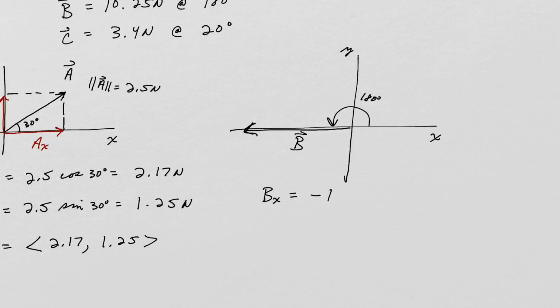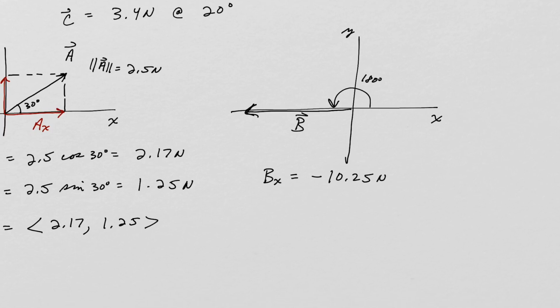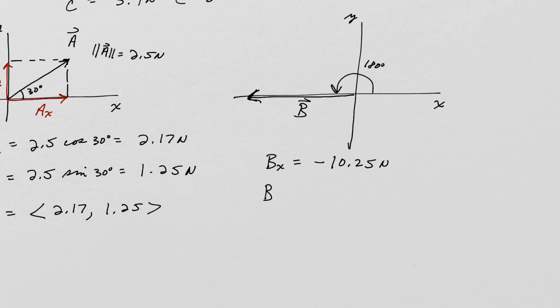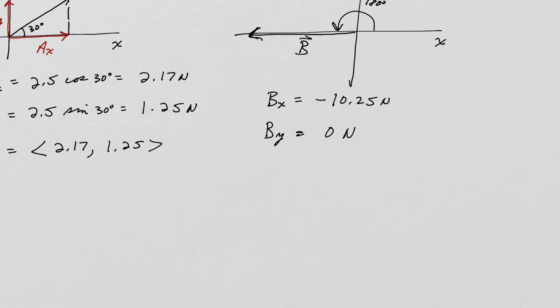So it's negative 10.25 newtons. And then what is the Y component? How much of that vector is in the Y direction? None of it, right? It's all in the negative X, nothing in the Y. So BY is 0. So in the bracket notation, this would be negative 10.25 comma 0.